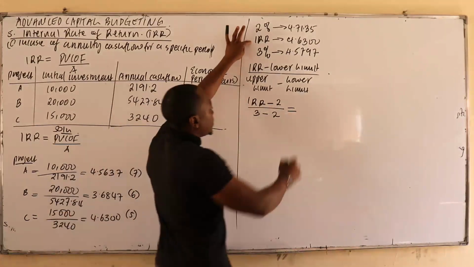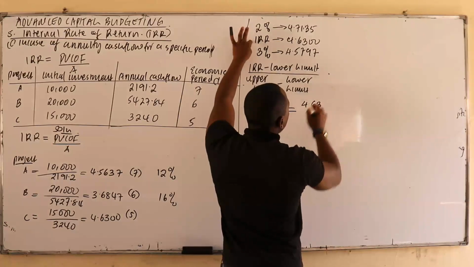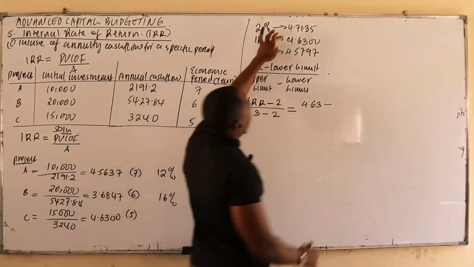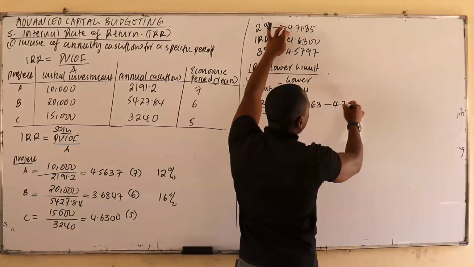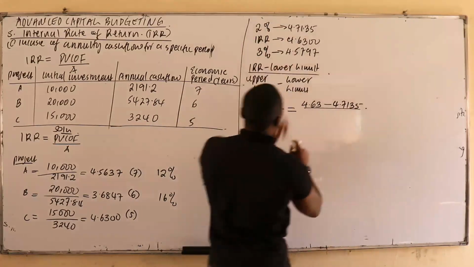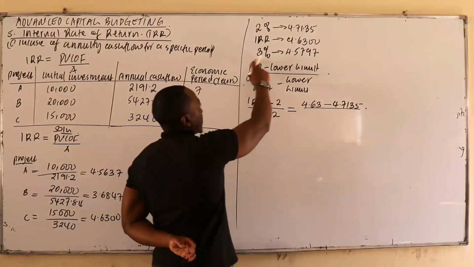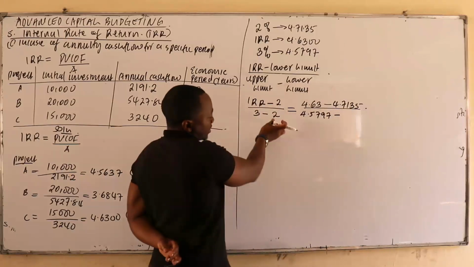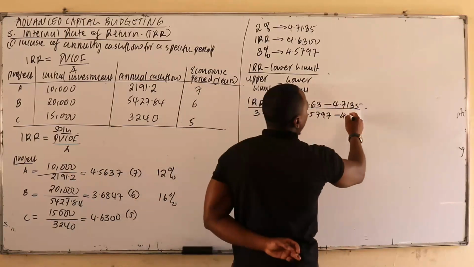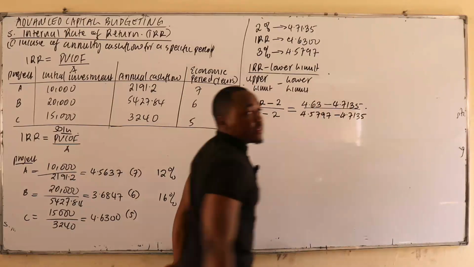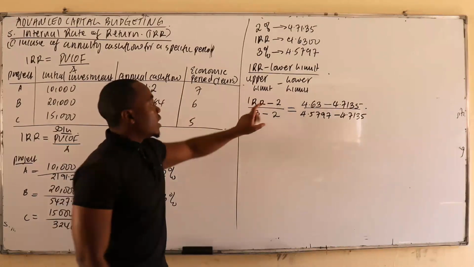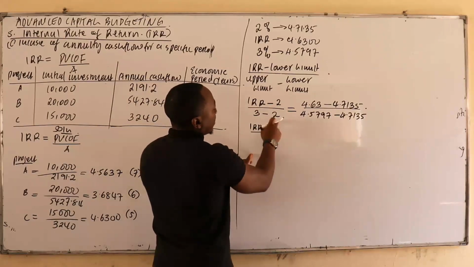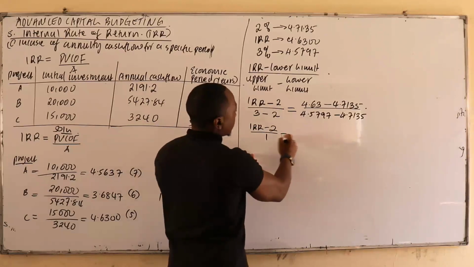The specific amount we need is 4.63. At 2%, the amount is 4.7135. Divide by, at 3%, the amount is 4.5797 minus the amount at 2%, 4.7135. So it will be IRR minus 2 over 3 minus 2, which is 1. Can you compute that?